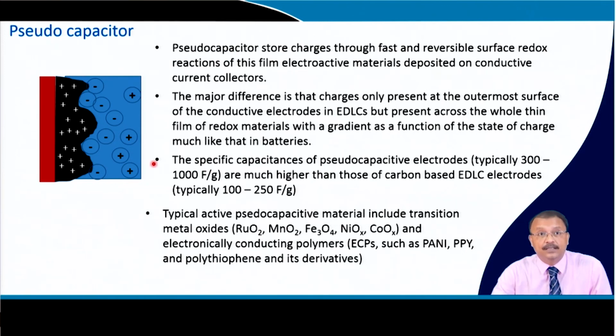So, once it is something like this, then suddenly much higher pseudocapacitance, the specific capacitance of pseudocapacitor is much higher, about 300 to 1000 farad per gram, and once you compare it with EDLC, it is only 100 to 250 farad per gram. So, that is why you are getting this advantage.